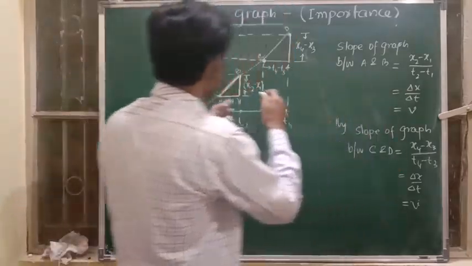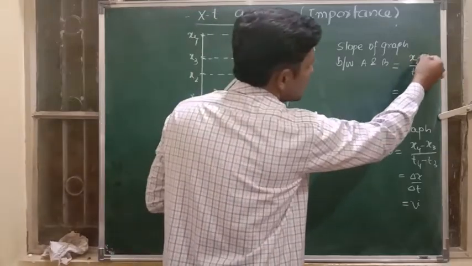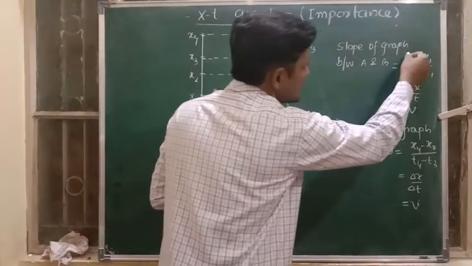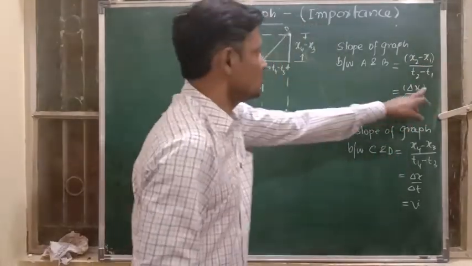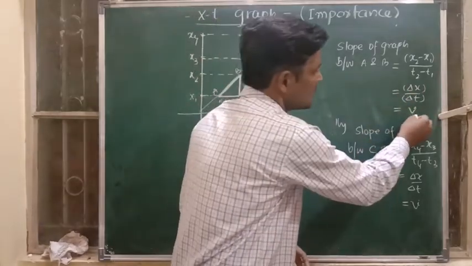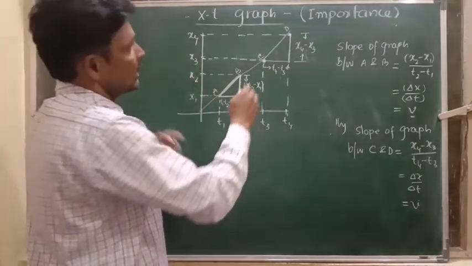So slope of the line AB between the points A and B is x2 minus x1 divided by t2 minus t1. So there is a change in position divided by change in time. So you know that change in position divided by change in time gives the speed or velocity of the object.